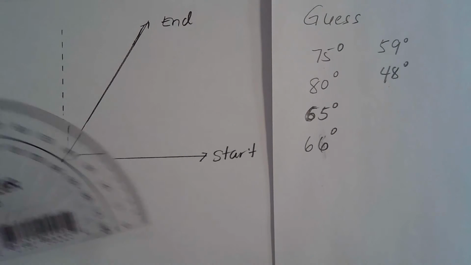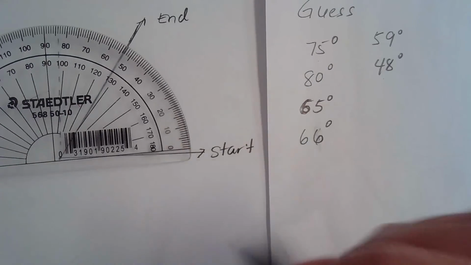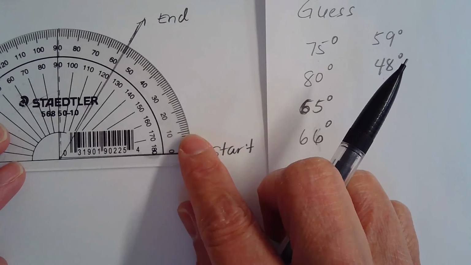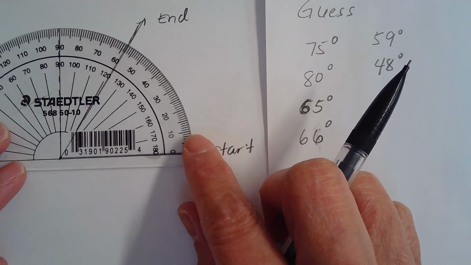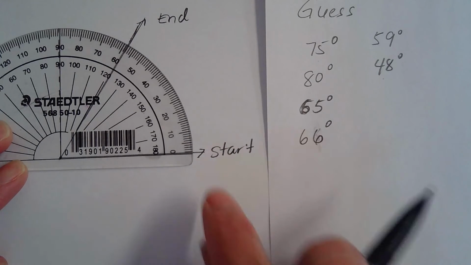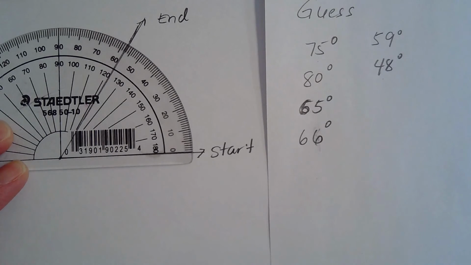Okay, now I'm gonna put in the 70 protractor. I gotta start at 0. Oh, look at that. Oh no. Who said 59?